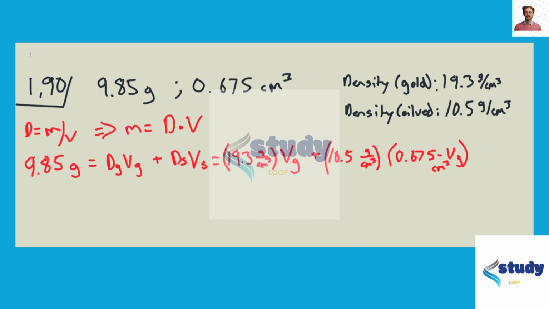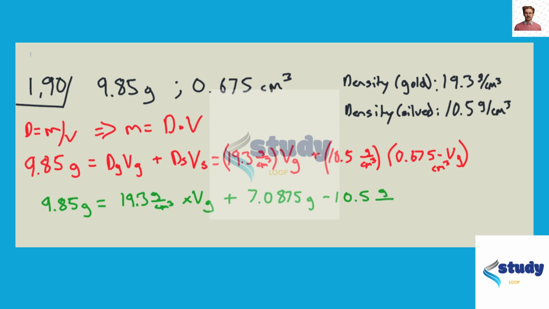So 9.85 grams is equal to 19.3 grams per centimeter cubed times Vg, volume of gold, plus we multiply 10.5 times 0.675 and we get 7.0875 grams, and then minus 10.5 grams per centimeter cubed times Vg.